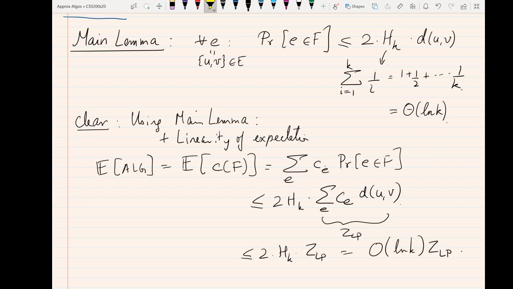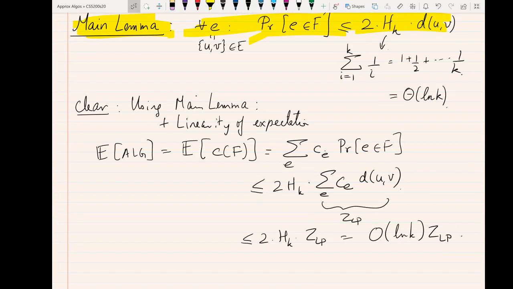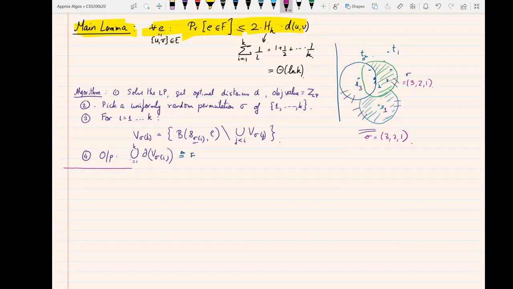Now let's go ahead and prove the main lemma. So this is what we want to prove, and what we're going to do as before is to go edge by edge. So you fix some edge e, and now u and v are two points in a space like this.